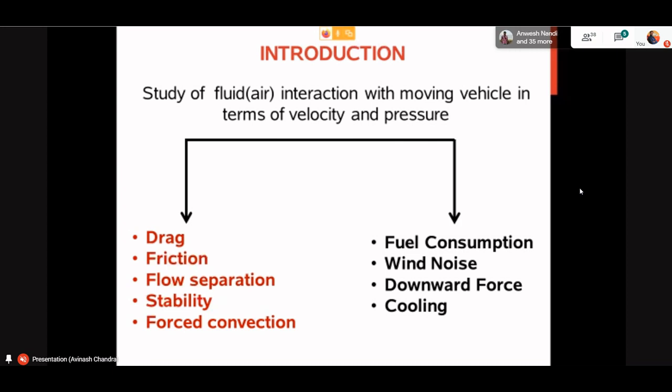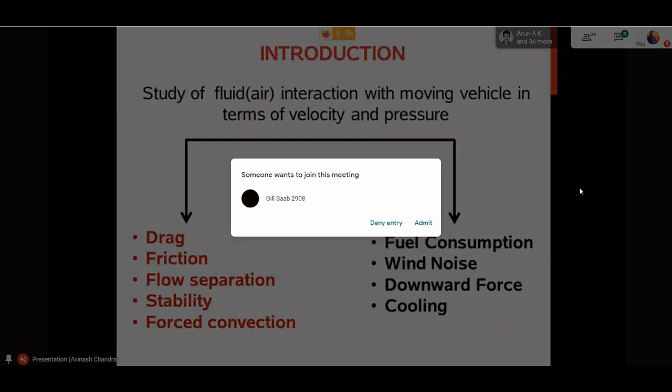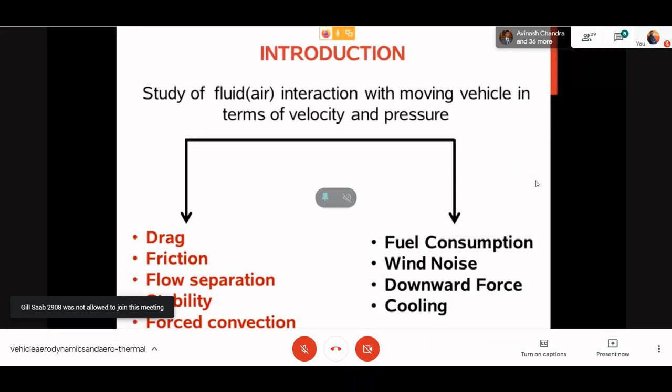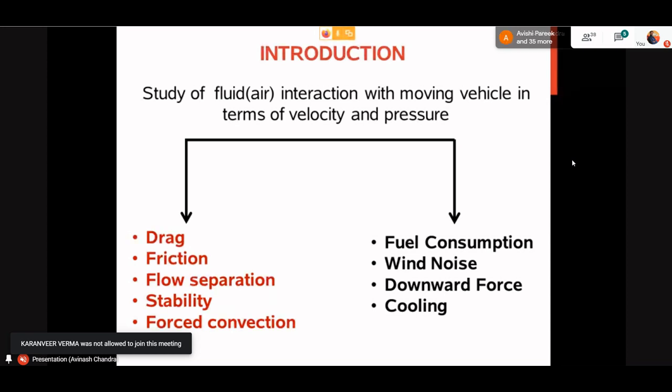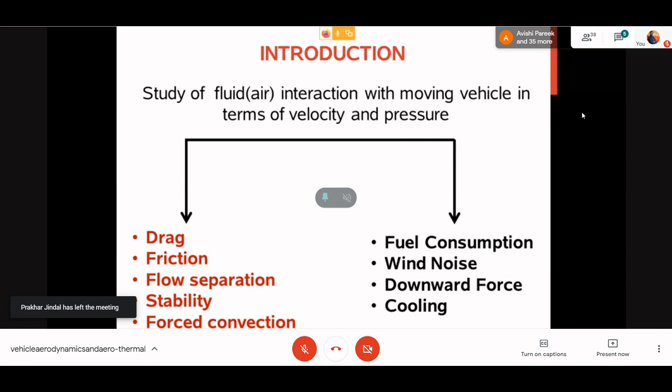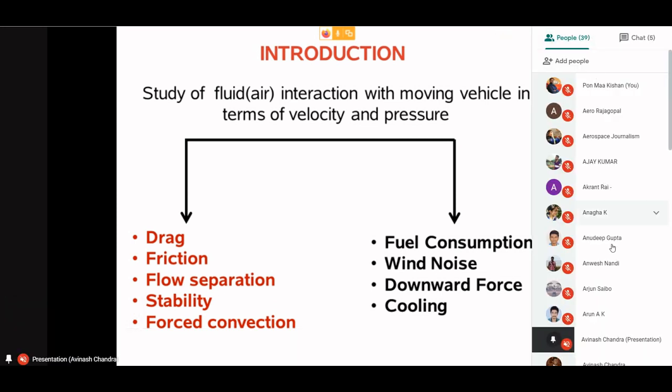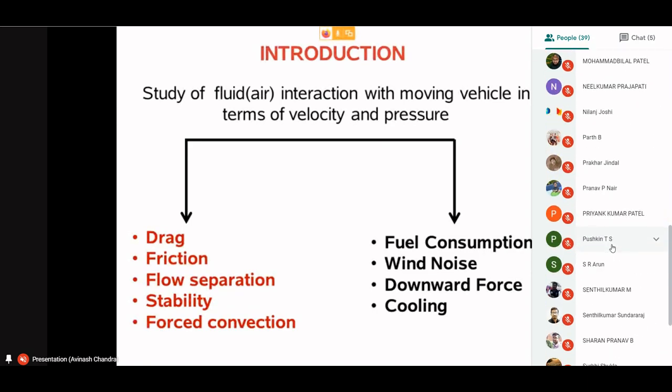The other point is flow separation, because we have external mirrors, and the automobile body is not perfect overall. It has a lot of curvature, so the flow interaction will have some attachment and separation, which I will show in my coming slide. Because of that, the noise will come.